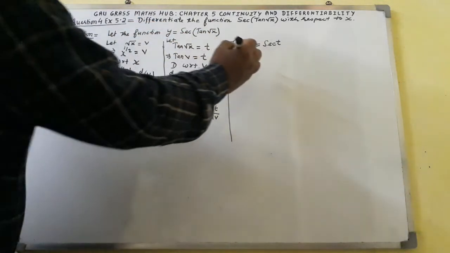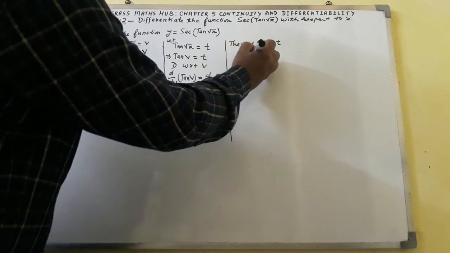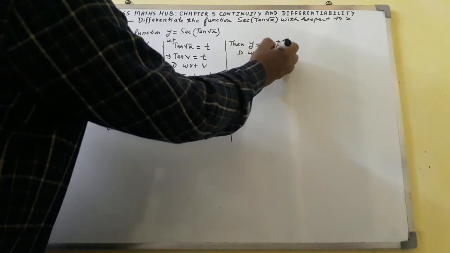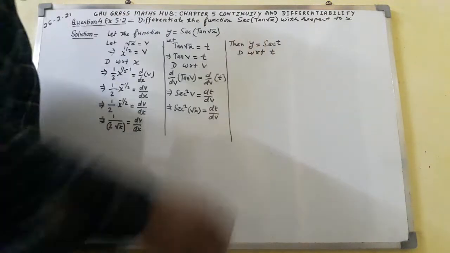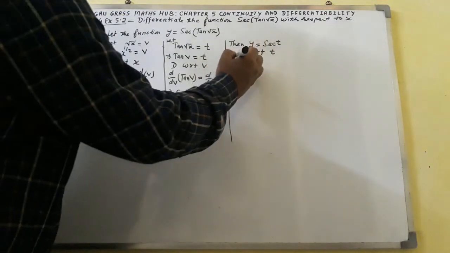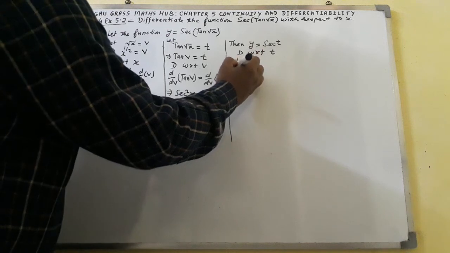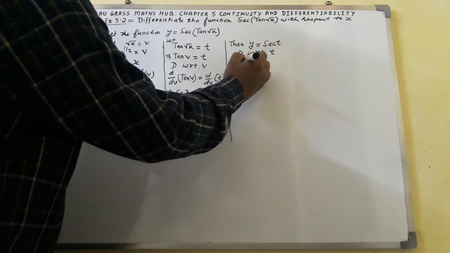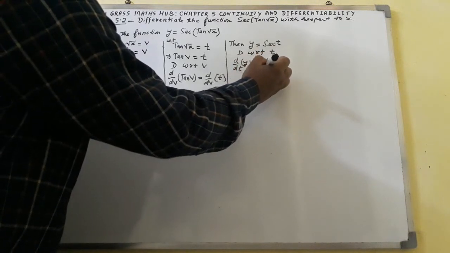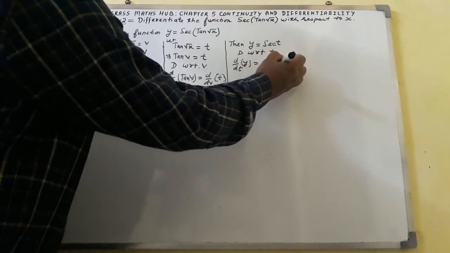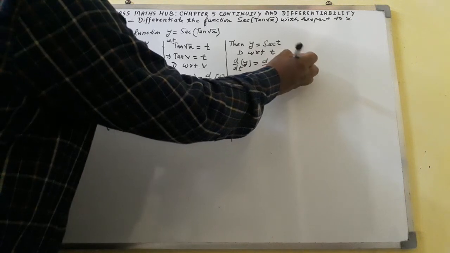So here, differentiating this function with respect to t, I shall get d/dt of y equal to d/dt of sec t.